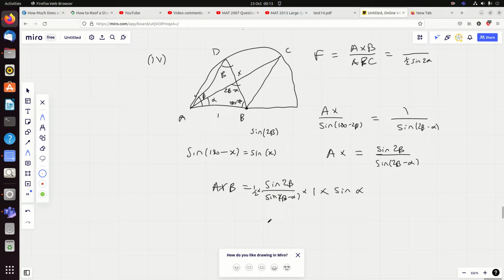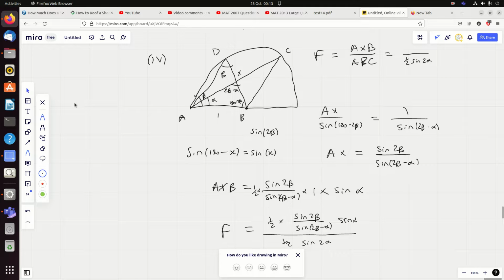So, right, I think I can now work out F. F has got to be this area, which is a half times sine 2 beta over sine 2 beta minus alpha times sine alpha, over the area of ABC, which is a half sine 2 alpha.